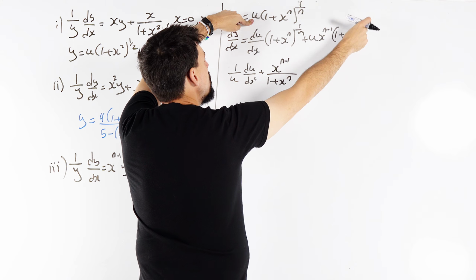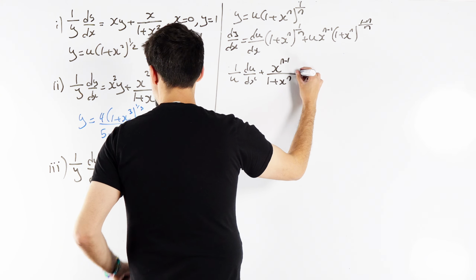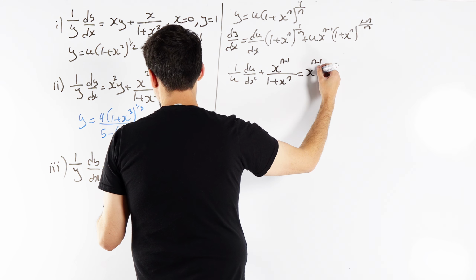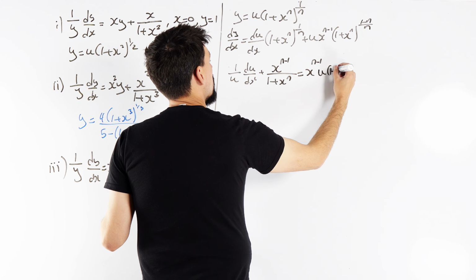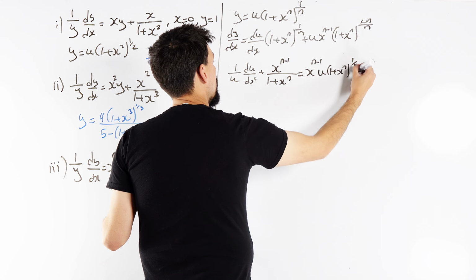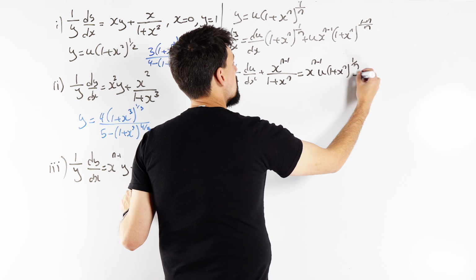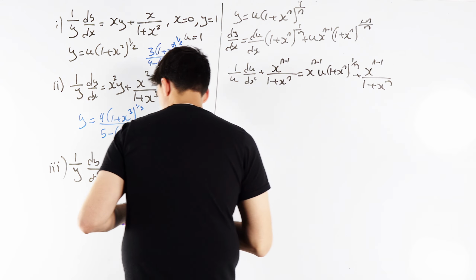Again, if you do that divided by that, you will see that that happens. Is equal to x to the n minus 1 u, (1 plus x to the n) to 1 over n. That's fine, we can deal with that. Plus this term here, that will go away.